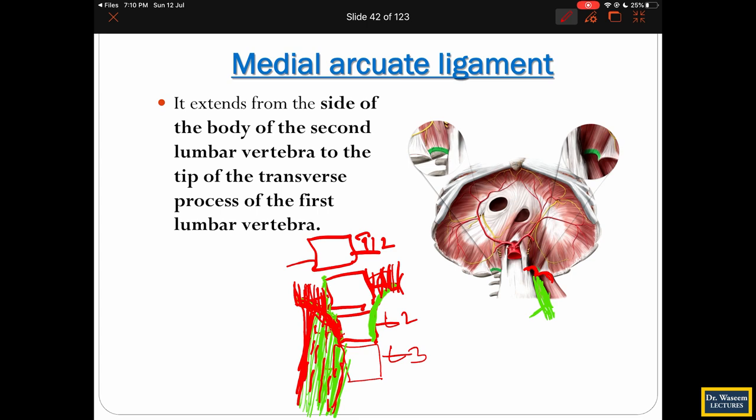So it is taking origin after the crura. The medial arcuate ligament is offering the attachment here. Under the medial arcuate ligament, you can pass your hand and go into the thoracic cavity also. So some structures can pass behind the medial arcuate ligament, but at least the muscle is taking origin from the medial arcuate ligament.